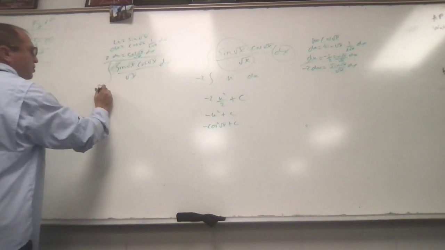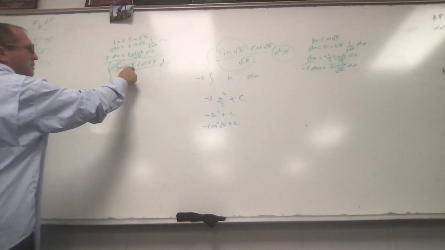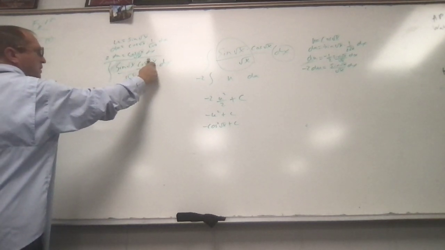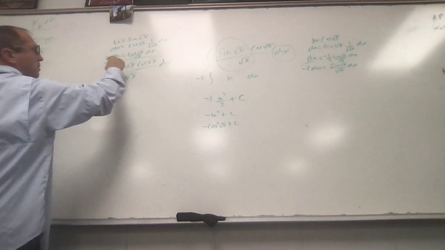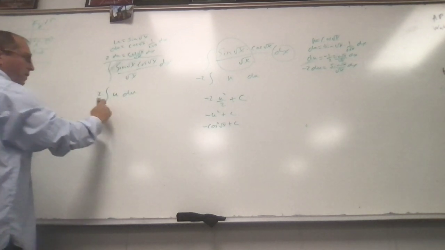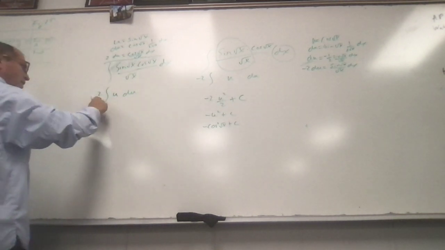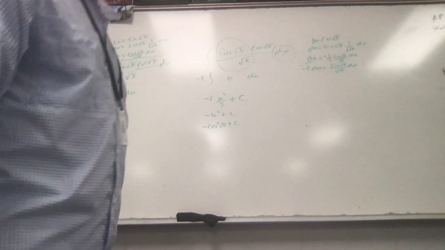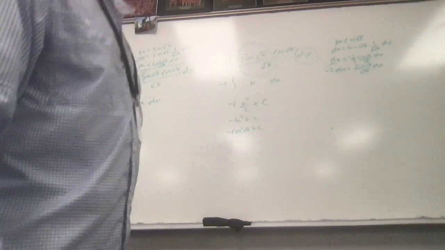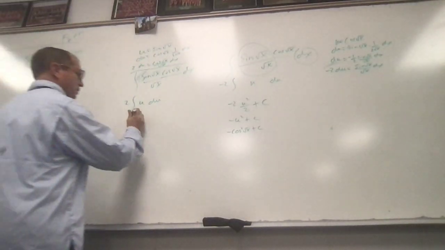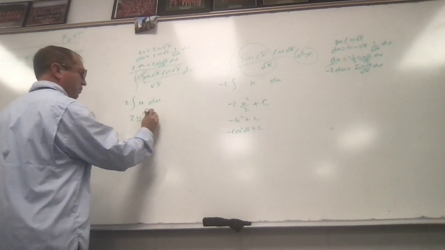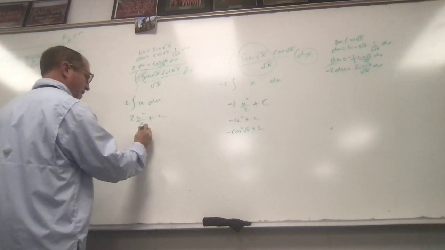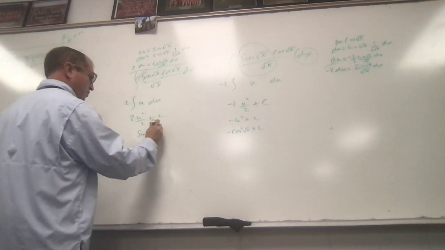So now I've got 2 times, sine of the square root of x is u, and this cosine square root of x over the square root of x dx becomes that 2 du. So this is pretty much what I had right here, except I got a positive 2 instead of a negative 2. Are y'all still with me? All right, so this becomes 2u squared over 2 plus c, which becomes the sine squared of the square root of x plus c.